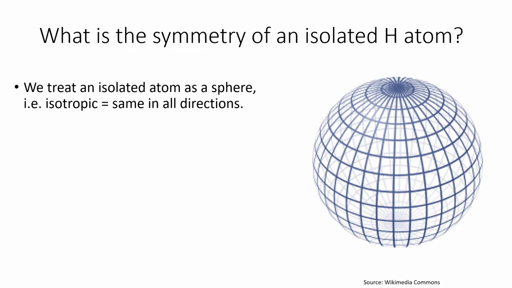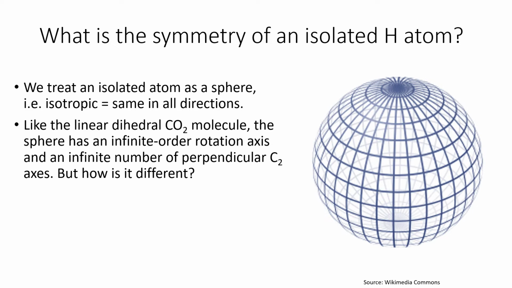Now, in fact, we could look at something even more symmetrical, which would be an isolated hydrogen atom. And so we can treat an isolated atom, so I say hydrogen, actually we can say the same thing for any atom. We can treat it as a sphere, which we'd call isotropic, which means the same in all directions.